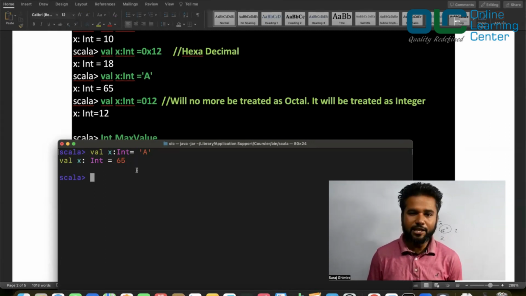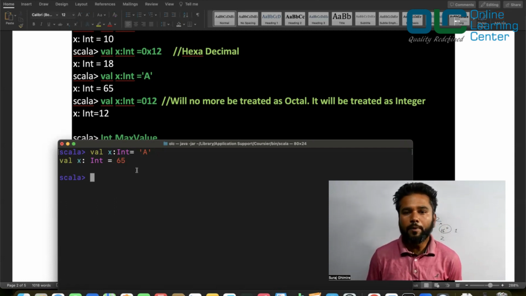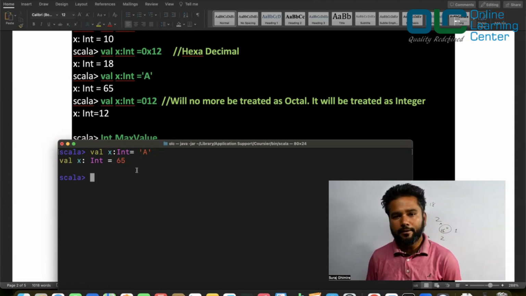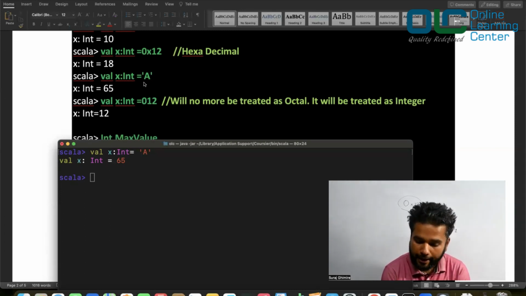ASCII was the old format, but now they have all been moved to Unicode, wherein capital A to Z and small a to z have the same ASCII and Unicode values. That means in a computer system, every character is given a number. So capital A is 65, and hence you got 65 here.